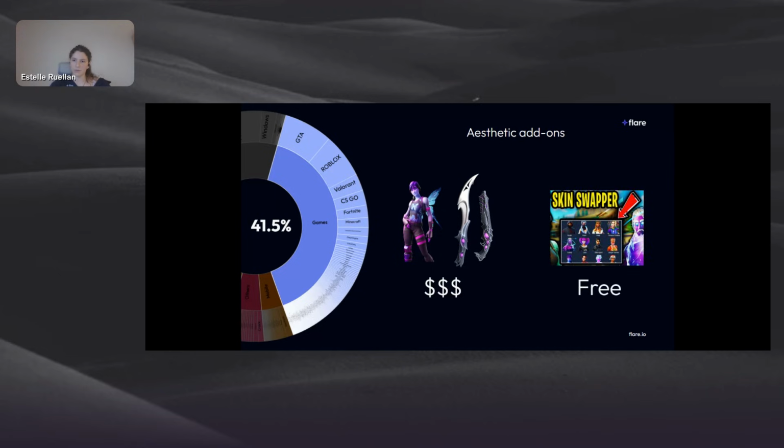So they will go to free workarounds to avoid the cost, but still get the visuals. And those are free, just skin swappers, so you still get the visuals on your device. But if it's free, usually there's an ick. An ick here is usually you get infected with Infostealer.